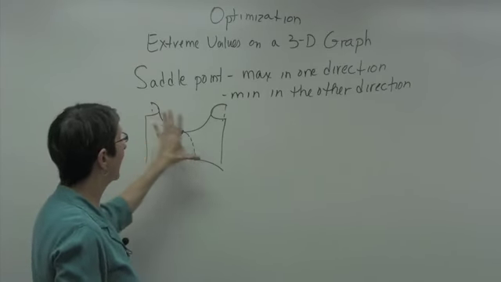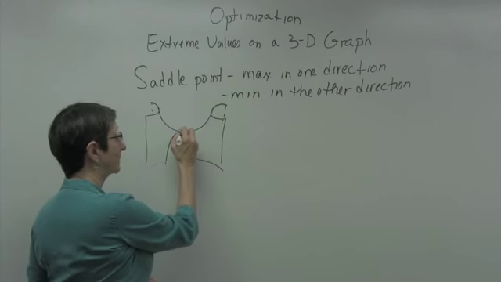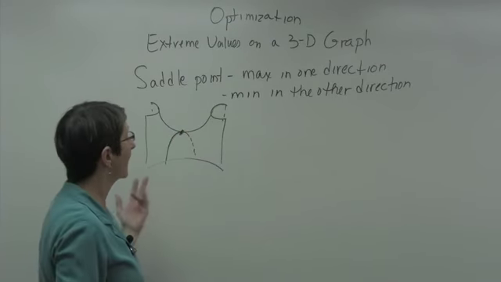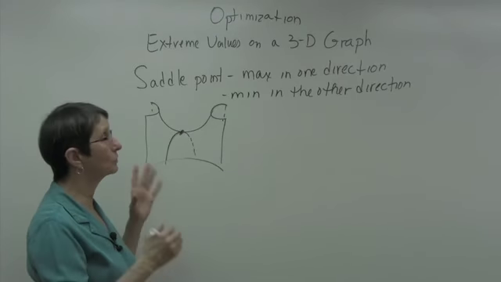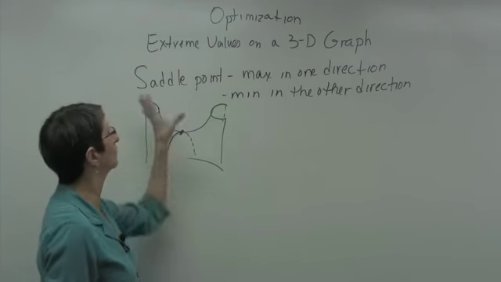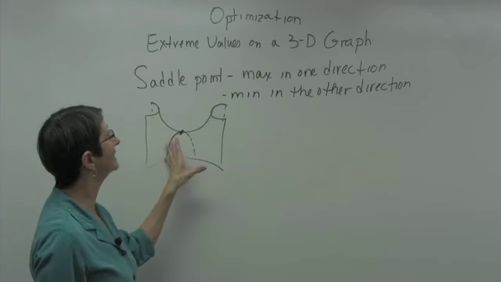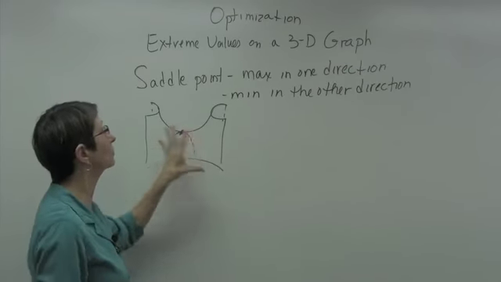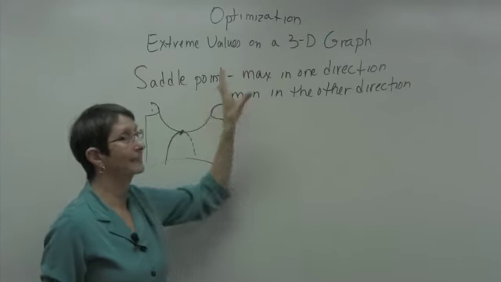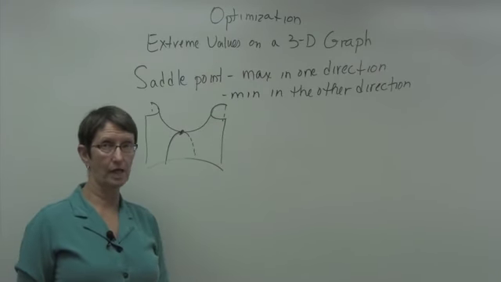So we do have a saddle point, and you can see why it's called a saddle point, max in one direction and min in the other. We do have ways using calculus for the multivariable functions to find saddle points, maximum points, and minimum points. But again, in this section, we're just looking at visually on a 3D graph what they look like.